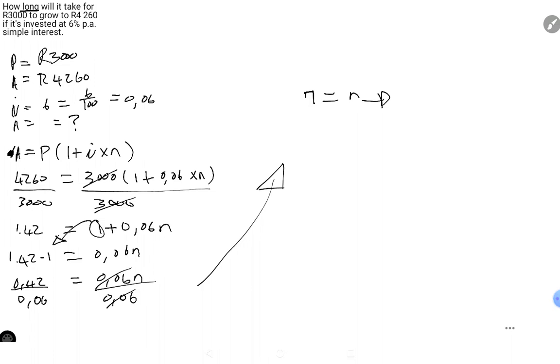Just as with solve for x, we want N, so we're going to divide by whatever is in front of N, and in this case it's 0.06, so we divide both sides by 0.06. On this side it cancels, we're left with just N, and that's why you see just an N on that side. And then 0.42 divided by 0.06 gives us a 7. And that's how you get there.